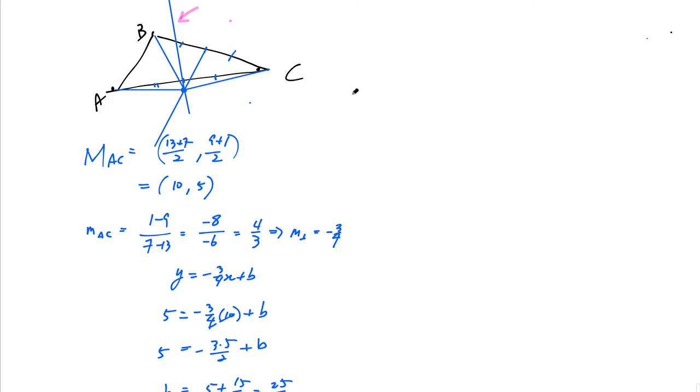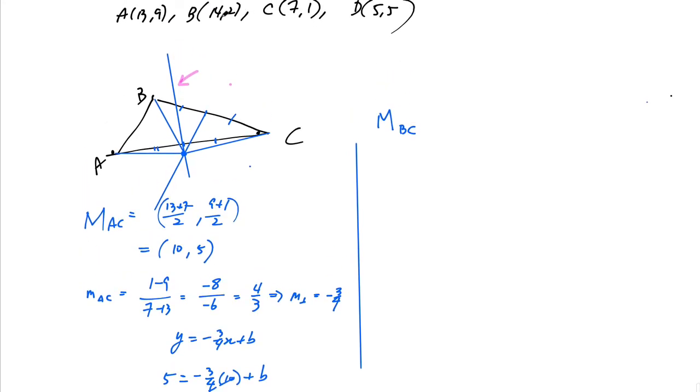Now, similarly, let's find the midpoint of BC. So (14 plus 7) over 2, (2 plus 1) over 2. Also, let's find the slope of BC, which is (1 minus 2) over (7 minus 14).